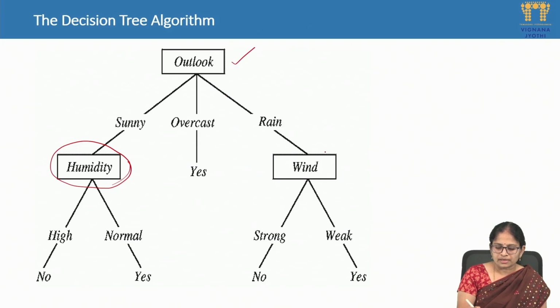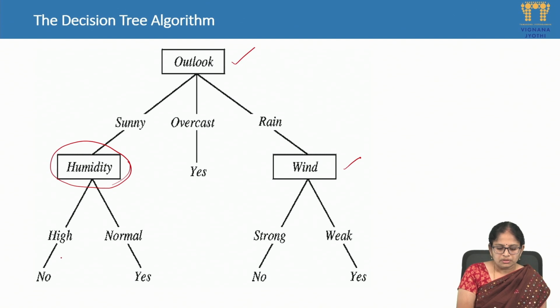Similarly, on the right side, we have conducted a test on the wind attribute with two distinct values, so two branches are generated. One branch will have the subset of data containing wind as strong, and the other subset will contain wind as weak.